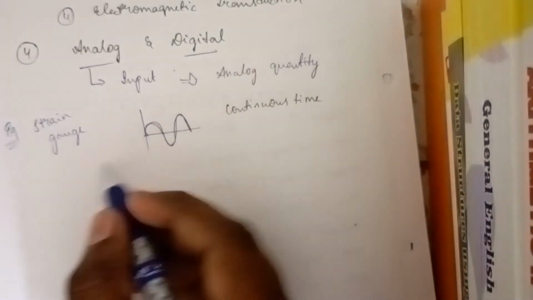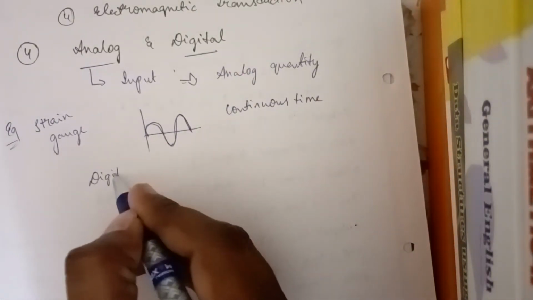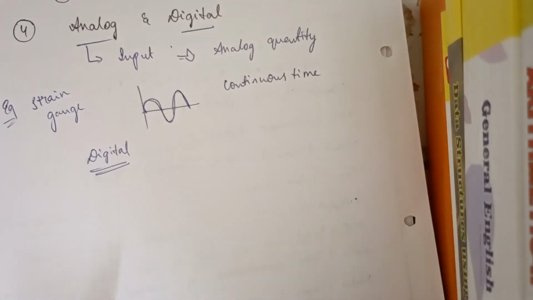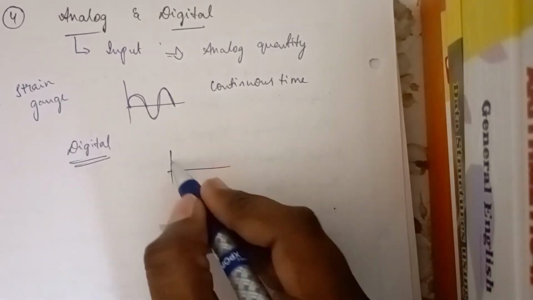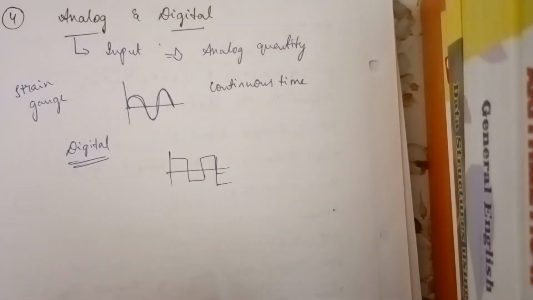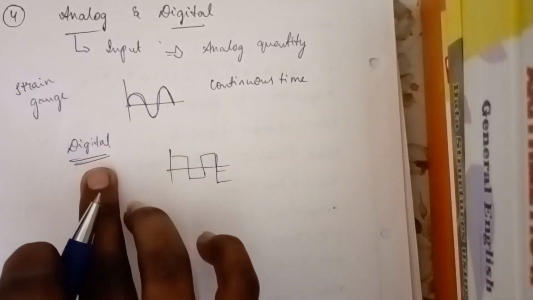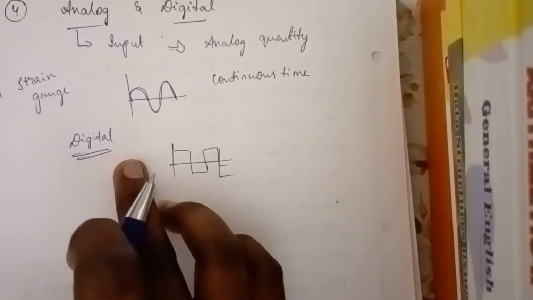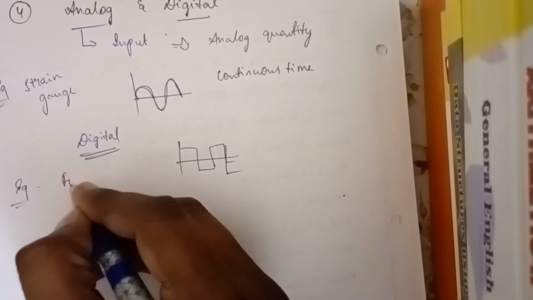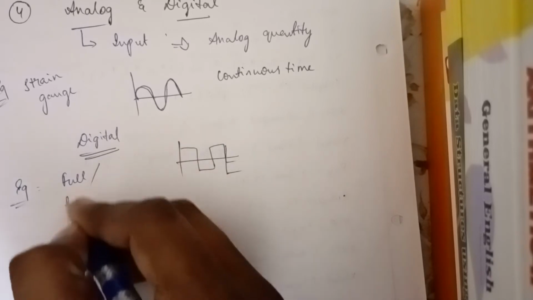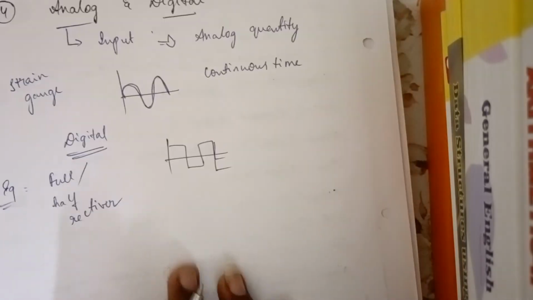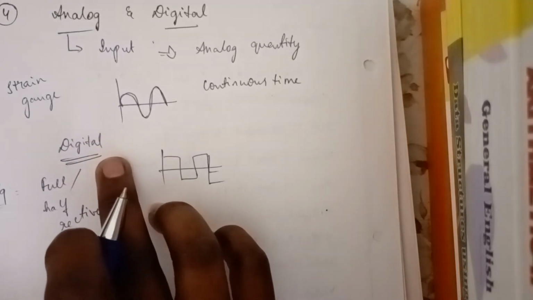Next is the digital transducer. So what is a digital transducer? The word itself says it converts the input signal into digital pulses. The best example for a digital transducer is a full wave or half wave rectifier.